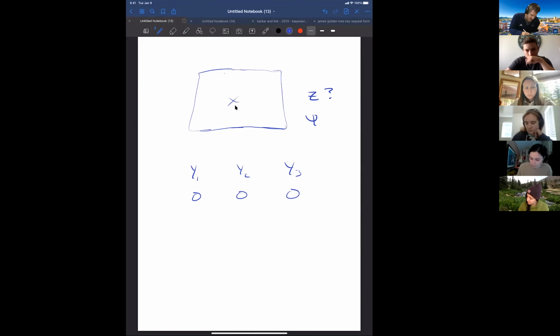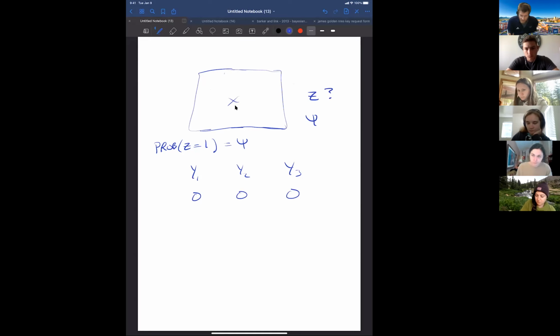And for all of our sites, the probability that z equals 1 equals psi. That's our estimate for a new site that we have no data on. We would say the probability that it's occupied is psi.